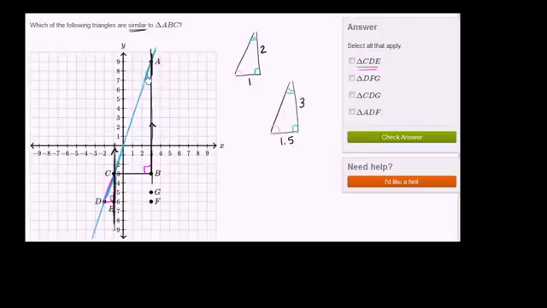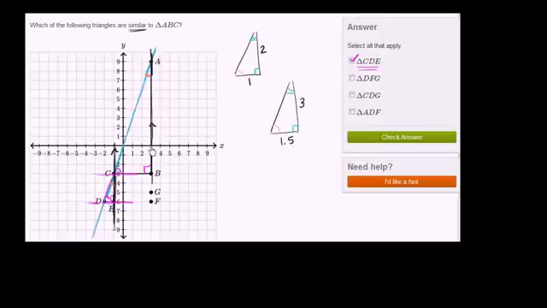So this angle right over here is equivalent to that angle over there. Similarly, segment DE right over here is parallel to BC. And so if you once again look at the blue line as a transversal, this angle is going to be equivalent to that angle. So all of their corresponding angles are equivalent. So these are definitely similar triangles.